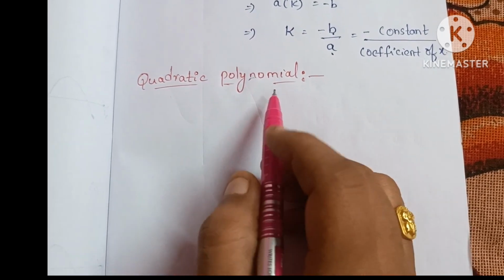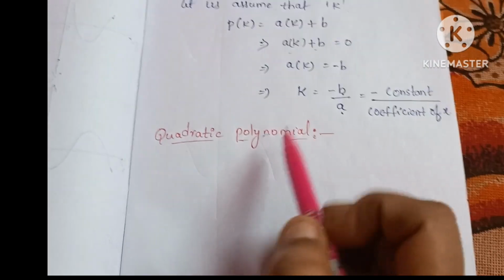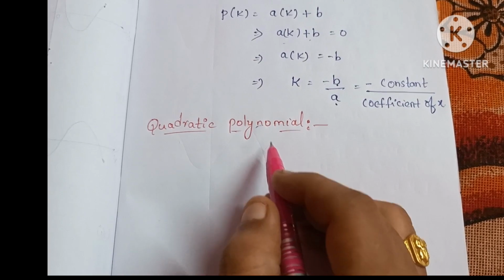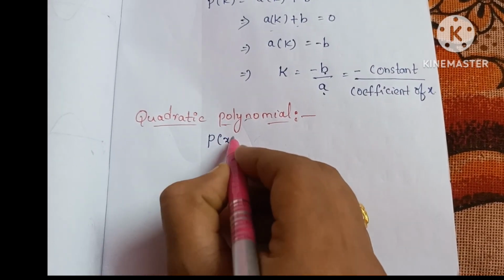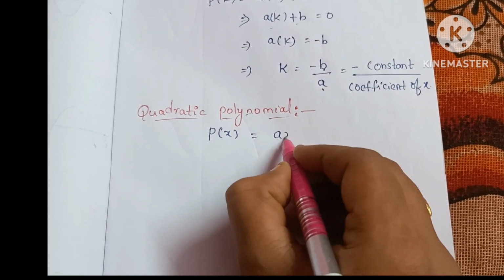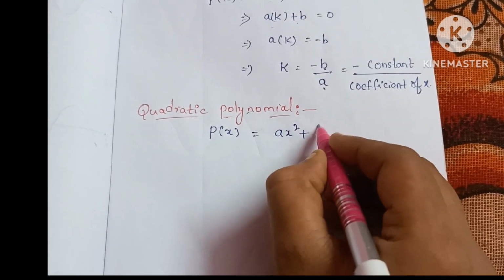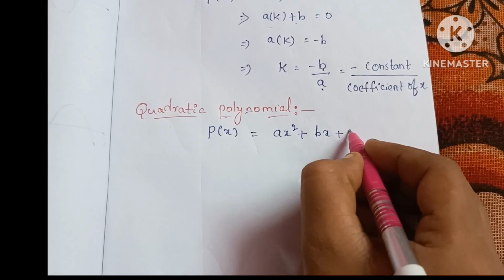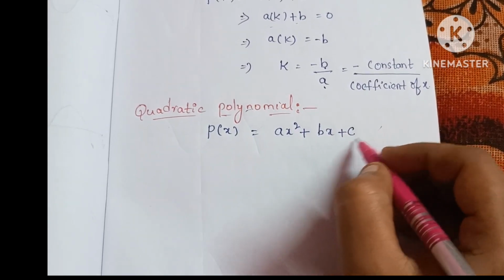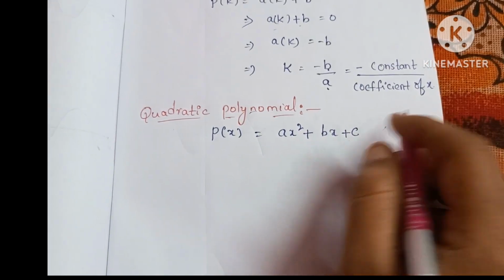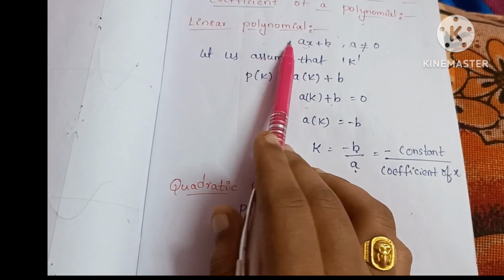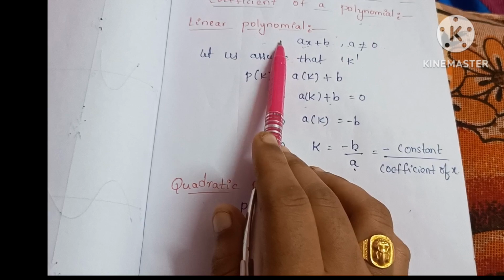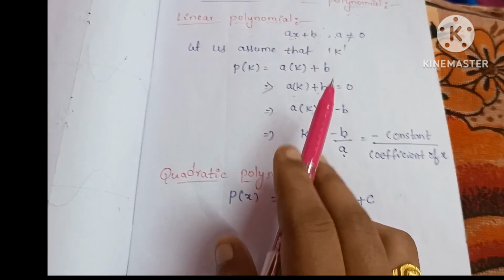Next, the quadratic polynomial. Similarly, let us see the standard form of a quadratic polynomial. What is the standard form? p of x equals ax square plus bx plus c. This is the quadratic polynomial. The linear polynomial has degree 1 and only one zero.